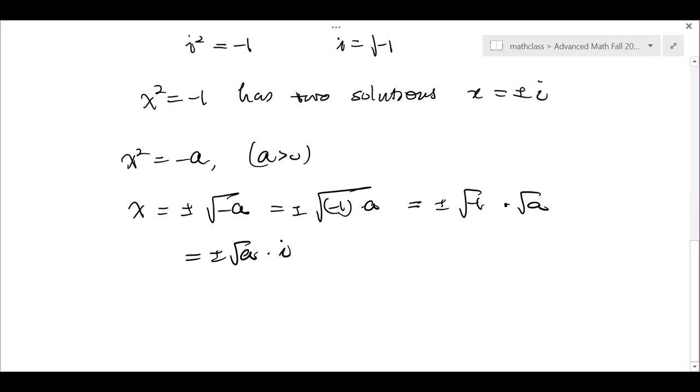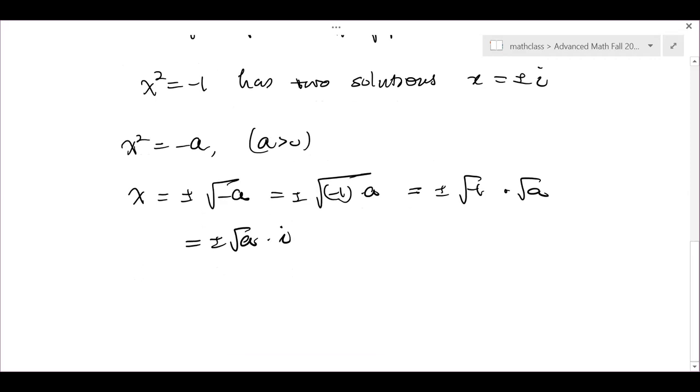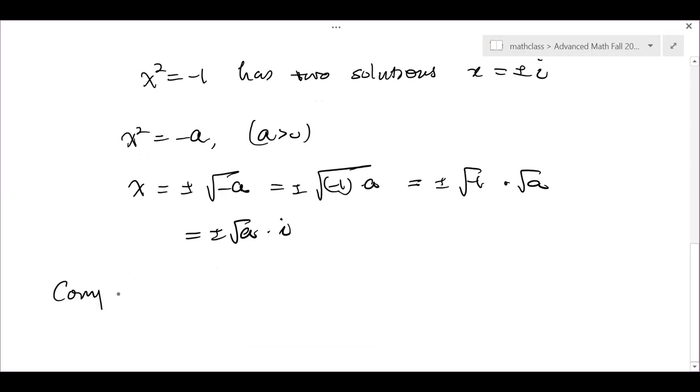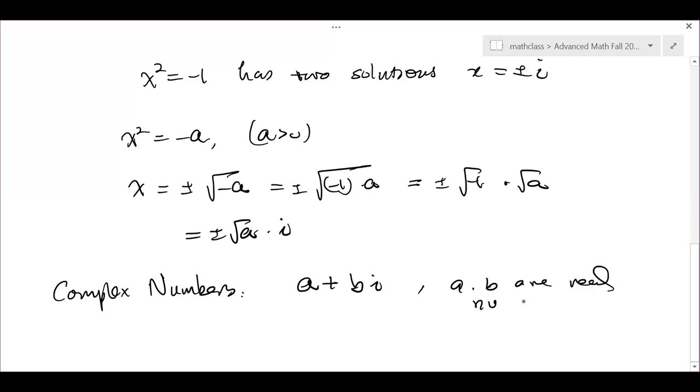And then we have the so-called complex numbers. Complex numbers are written in the form a plus bi, where a, b are real numbers.